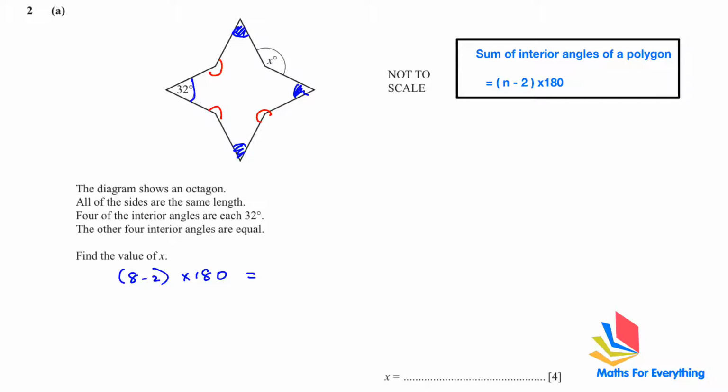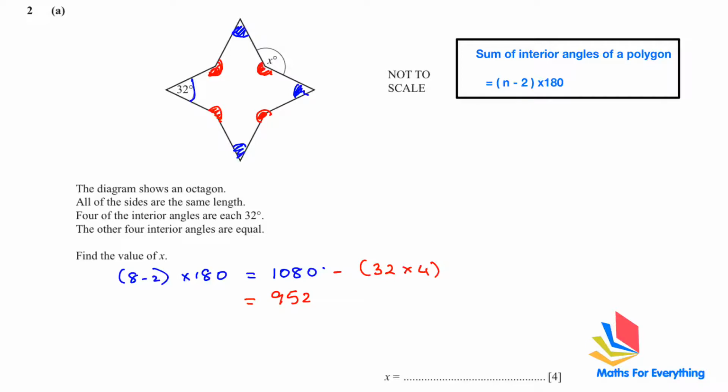This will give us 1080. So the sum of all the angles is 1080. We know that 4 angles are 32. From this we'll subtract those 4 angles and we will get 952. This 952 is the sum of the other 4 angles that we have.